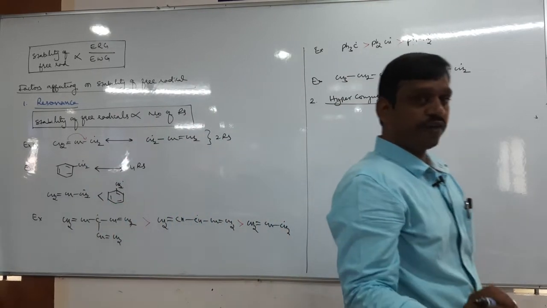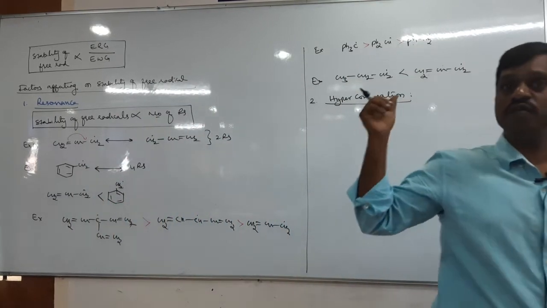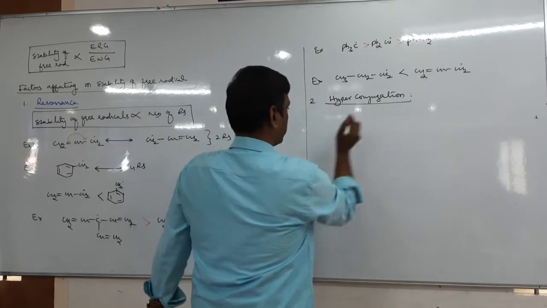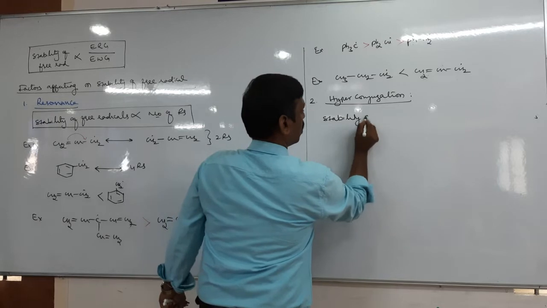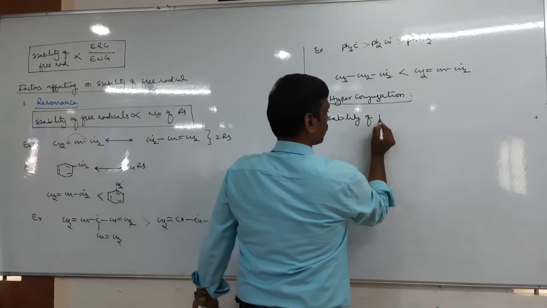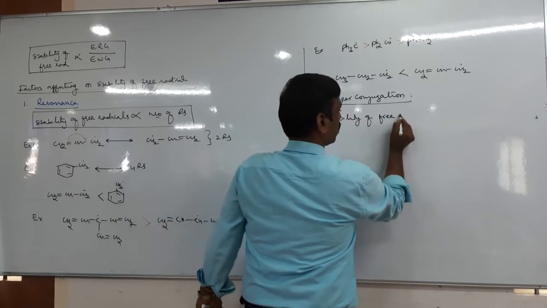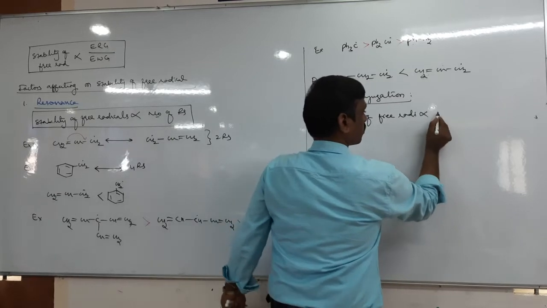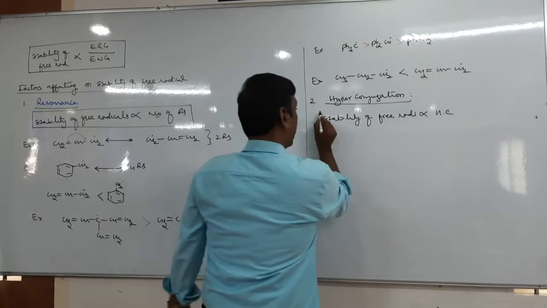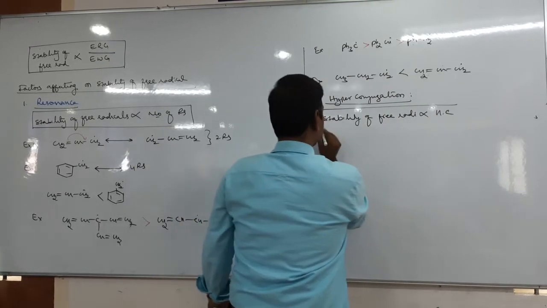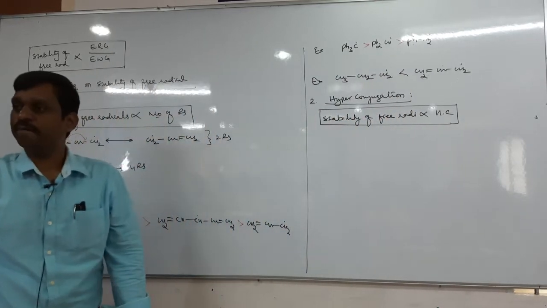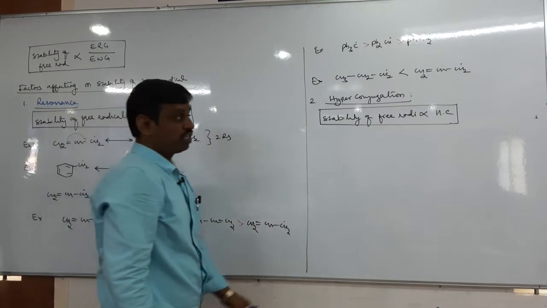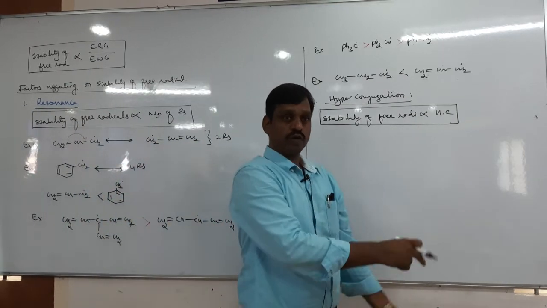The electron releasing effect increases the stability of the free radical. Therefore, the stability of a free radical is directly proportional to hyperconjugation. As the number of hyperconjugation structures increases, the stability of the radical increases. But to understand hyperconjugation, we'll study it in the next topic.